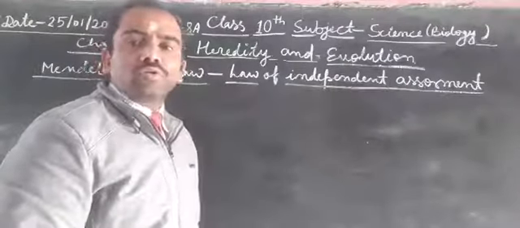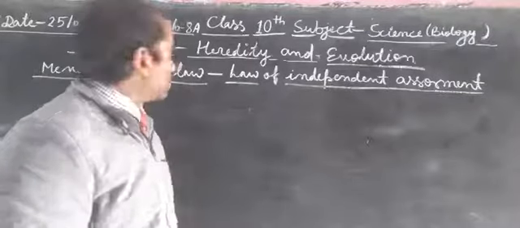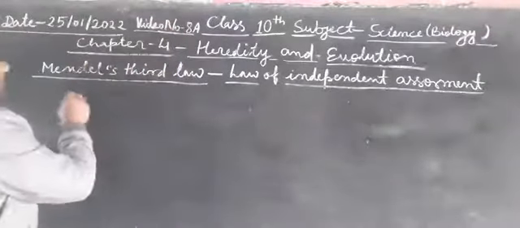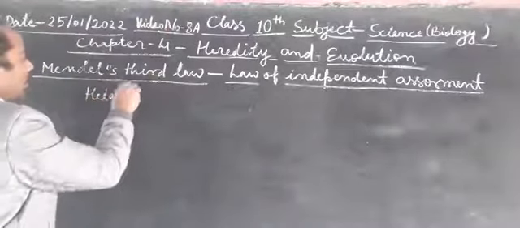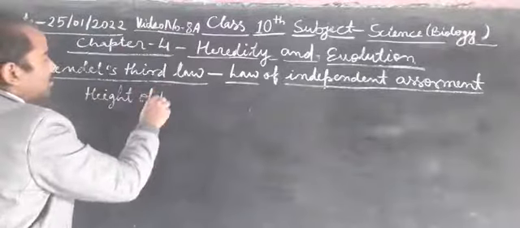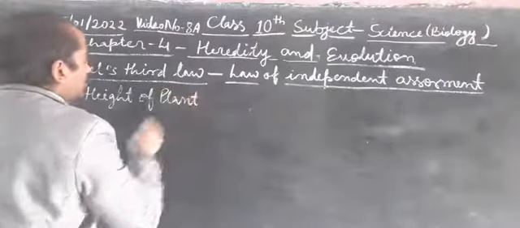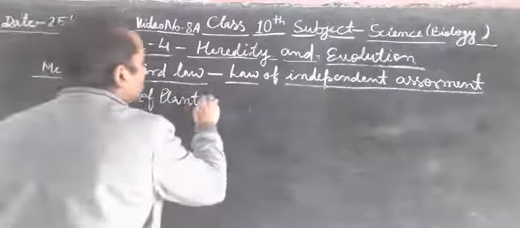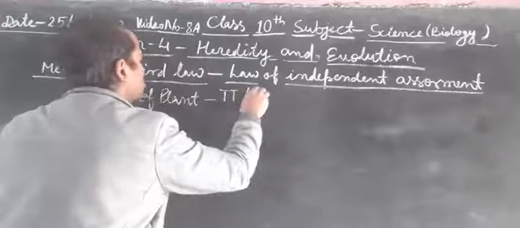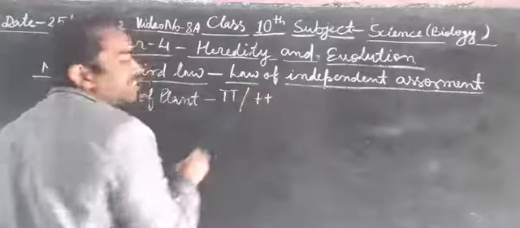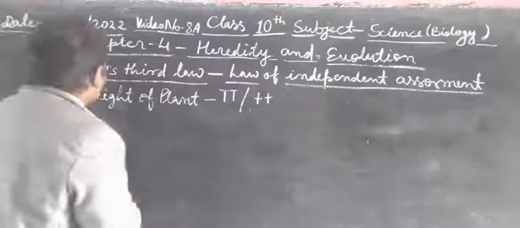I will take two characters. One is height of plant. Dominant will be capital T, recessive will be small t, means dwarf, tall and dwarf.